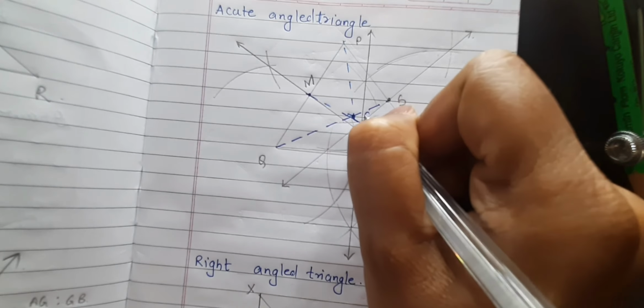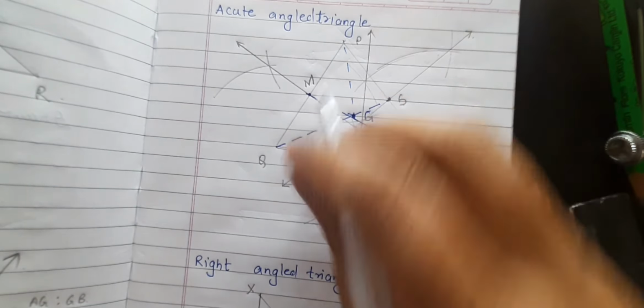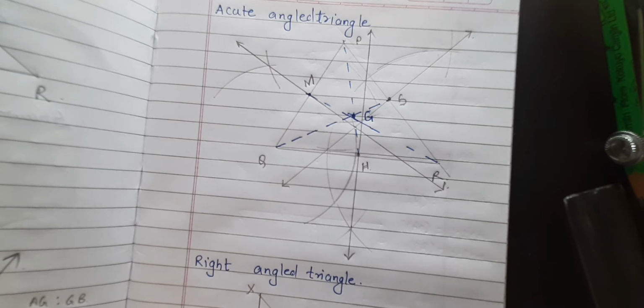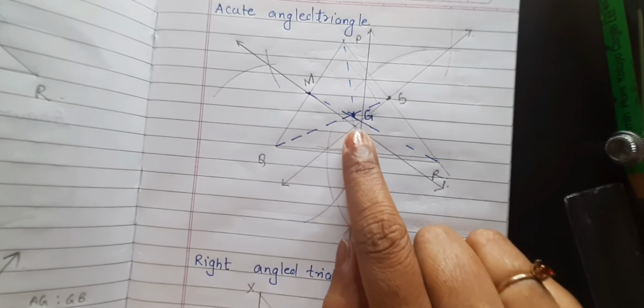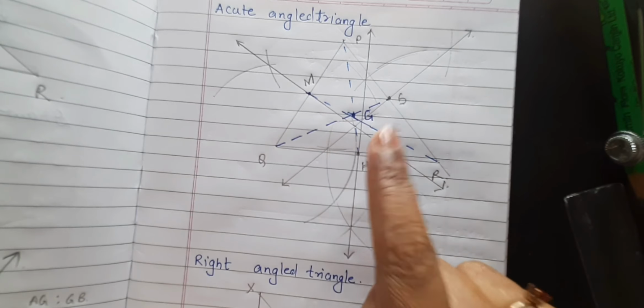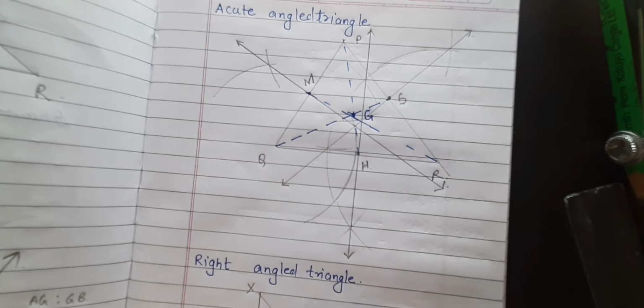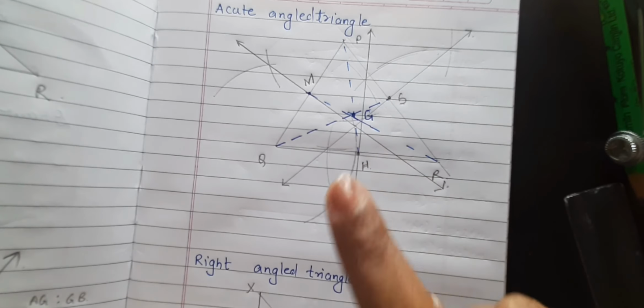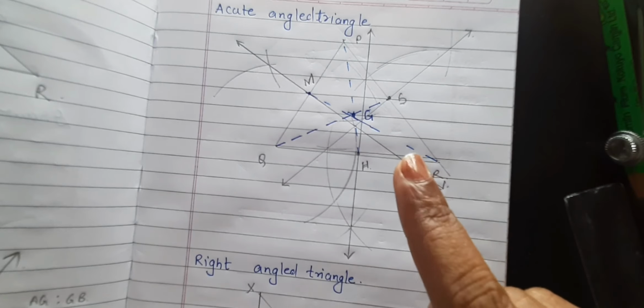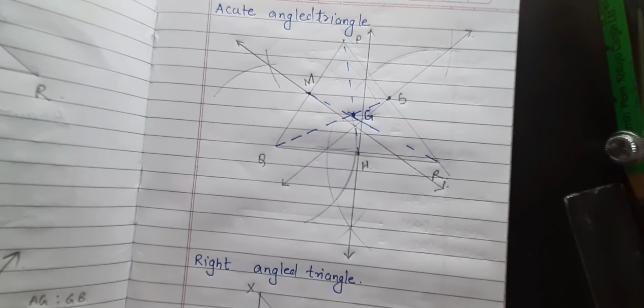So that is point G, the centroid of the medians of the acute angle triangle. Now here also the centroid is lying inside the triangle. In the obtuse angle triangle also the centroid was lying inside the triangle. In the acute also it is lying inside the triangle. Okay. Now we'll move on to the right angle triangle.